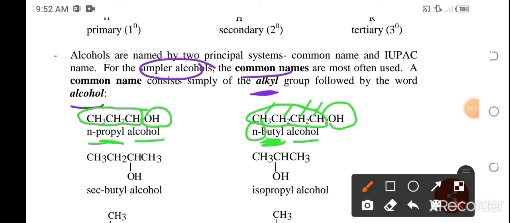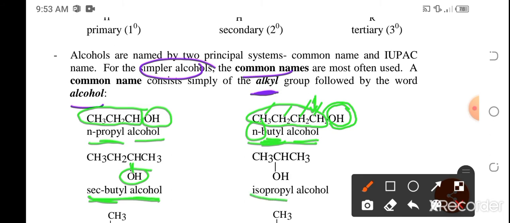Then we also have secondary butyl alcohol. The difference between normal butyl and secondary butyl is that the hydroxyl group for the normal butyl is attached on carbon number 1, while for secondary butyl the hydroxyl group is attached on the second carbon atom.